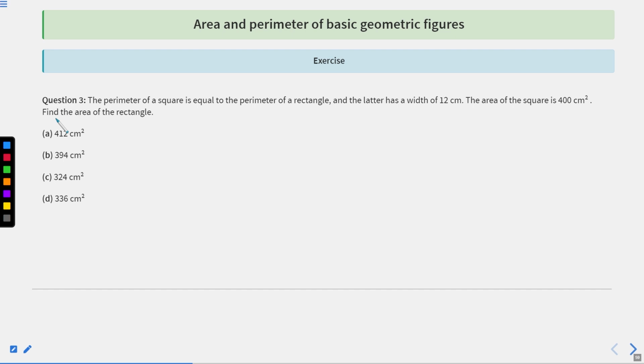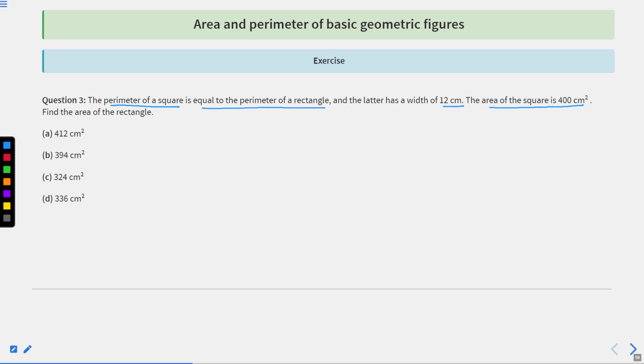Question number 3. The perimeter of a square is equal to the perimeter of rectangle. So let me underline the important part of this question. First of all, perimeter of square is same as perimeter of rectangle, and the latter has a width of 12 centimeter. The area of square is 400 centimeter square.